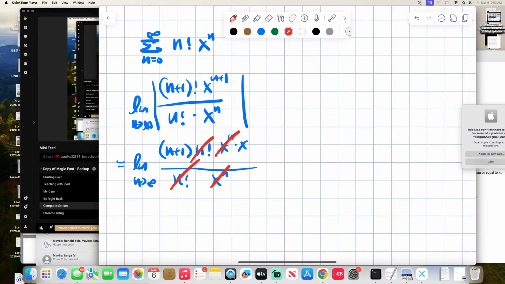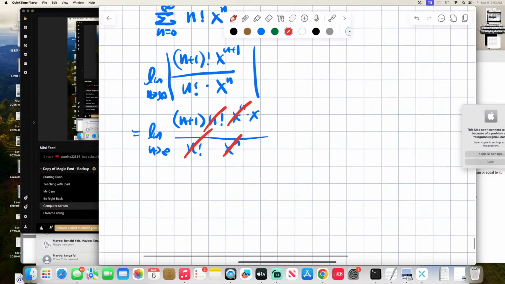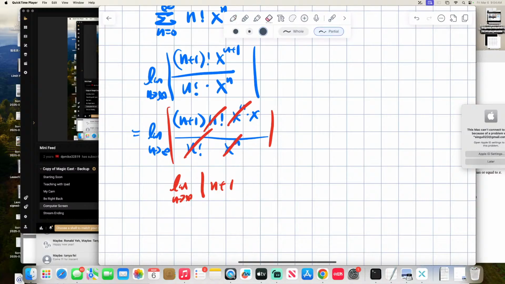Are we approaching n to infinity or x to infinity? n approaching infinity. So good. So limit as n approaches infinity, absolute value of n plus 1 times the x, right?